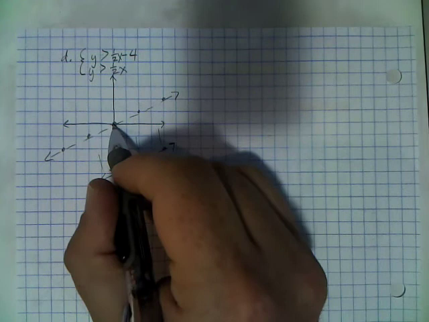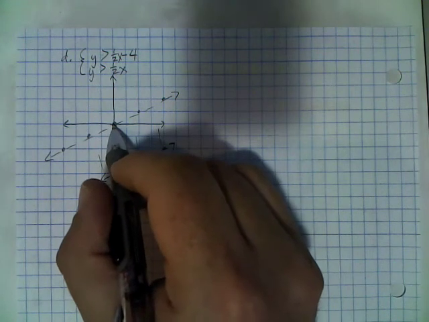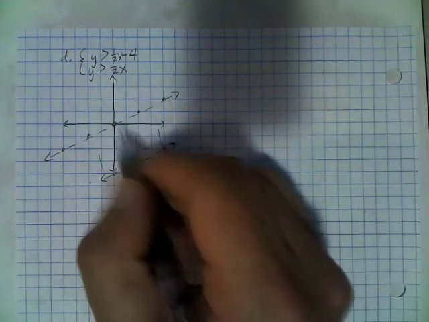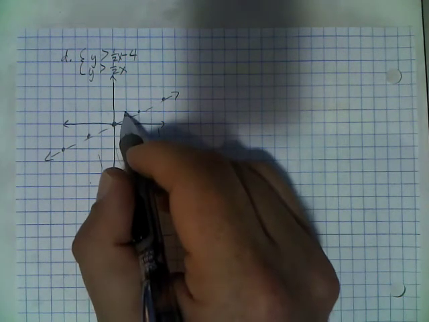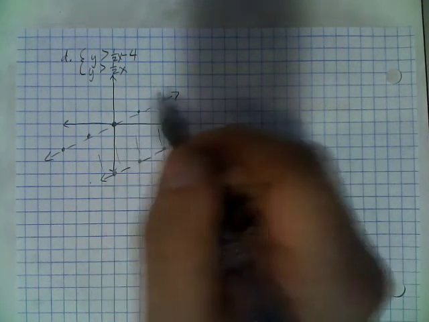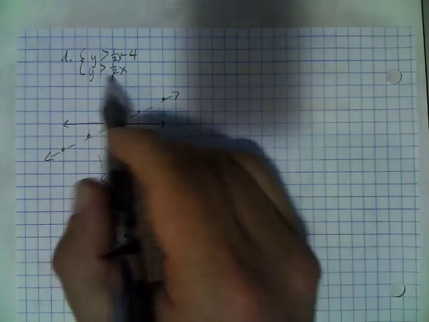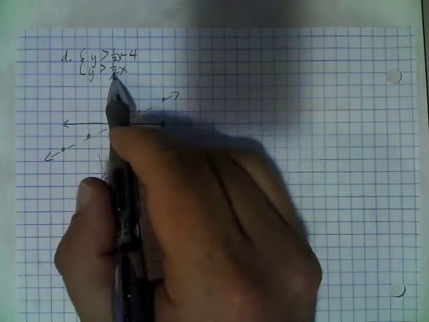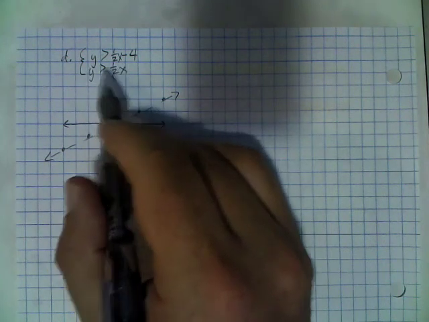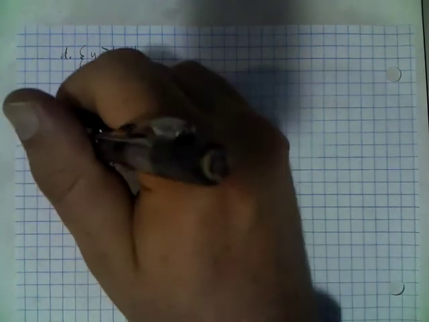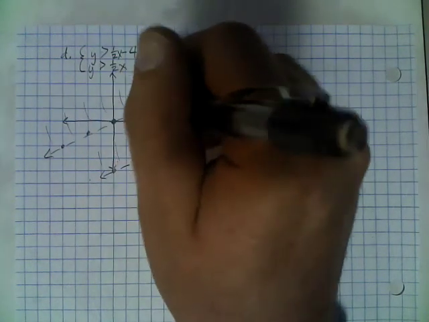Since the origin is on the boundary, that means that I cannot use it as a test point. I need to choose a point on one side or the other. So maybe I plug in 1, 1. So let's see if 1, 1 works. So if I plug in 1 for y and 1 for x, 1/2 of 1 is 1/2. So is 1 greater than 1/2? Yes, it is. So the solutions are on this side of the line.